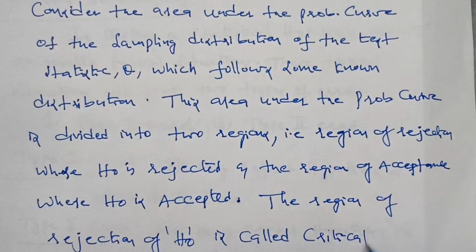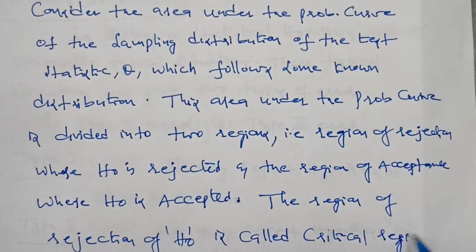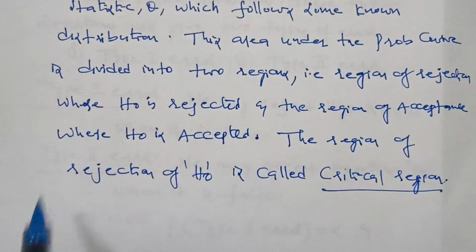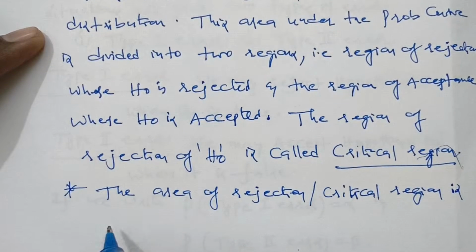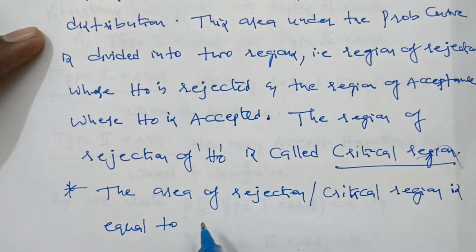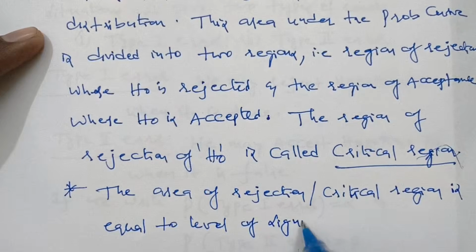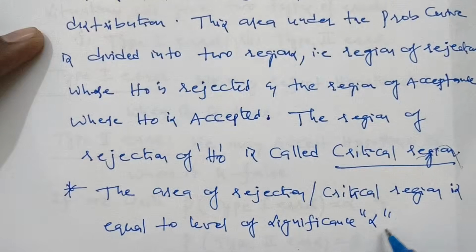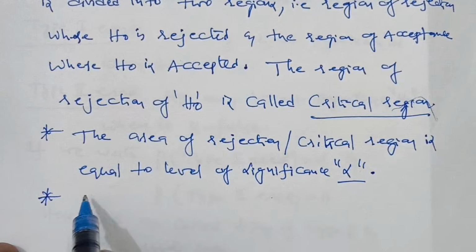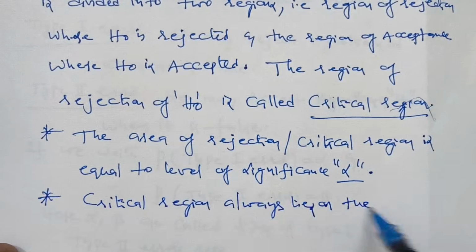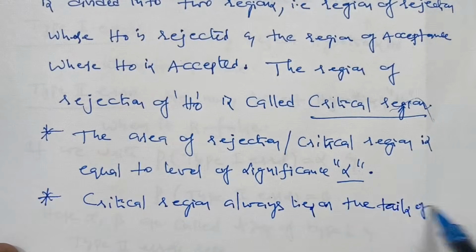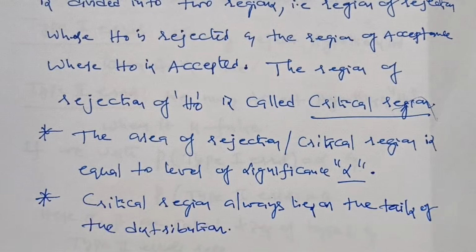In these two regions, the region of rejection of H0 is called critical region. So the area of critical region is equal to level of significance, which is always denoted by alpha. So alpha indicates the area of rejection, and the critical region always lies on the tails of the distribution.